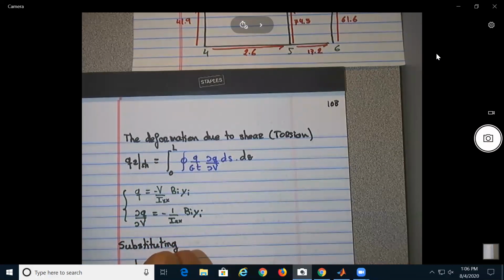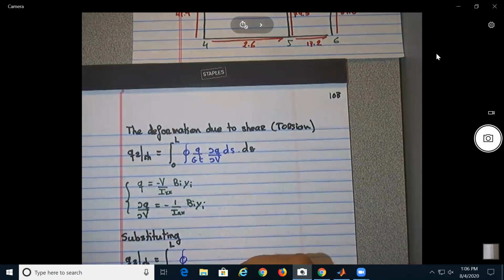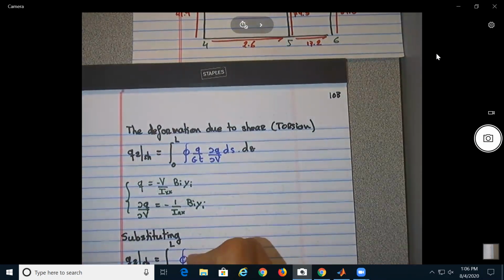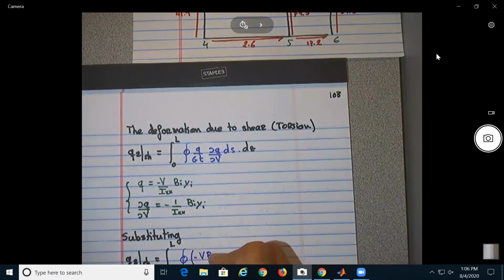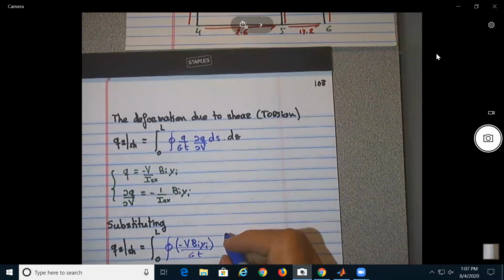Q2 shear is equal integral 0 to L across the cross section of minus V Pi Y sub I over GT times minus 1 over, oh, I forgot the Ixx here.